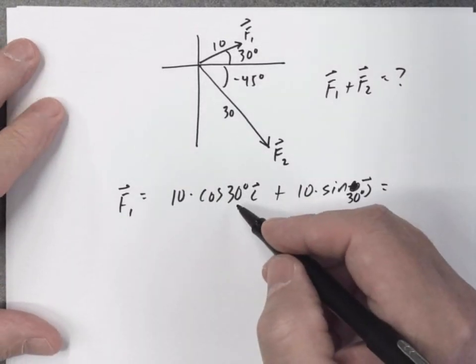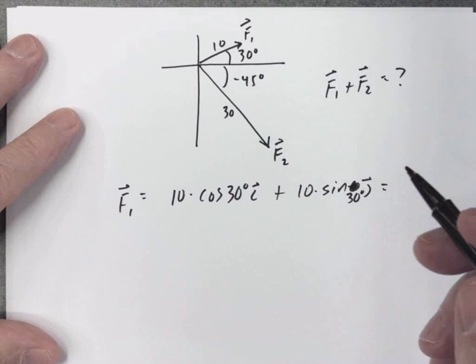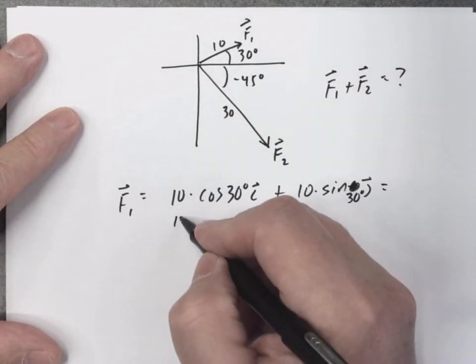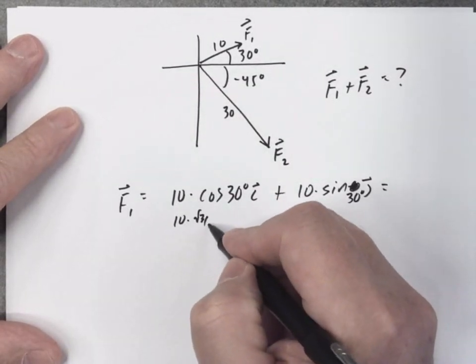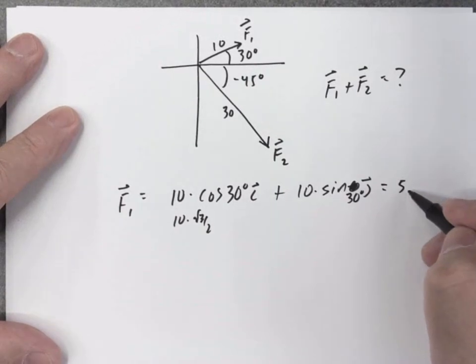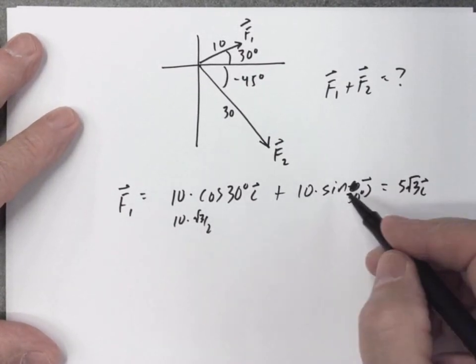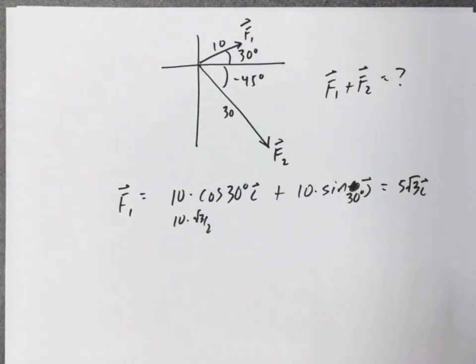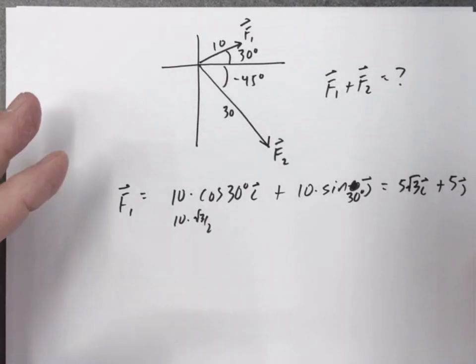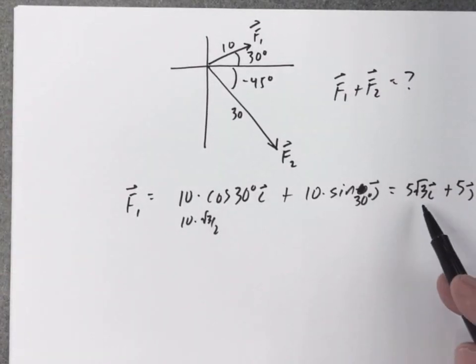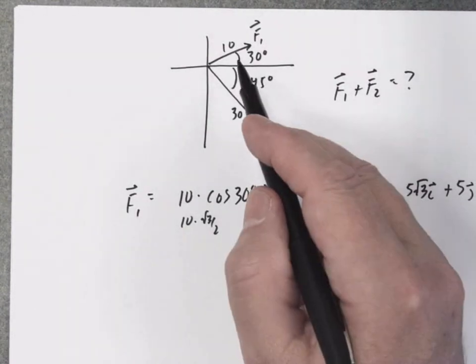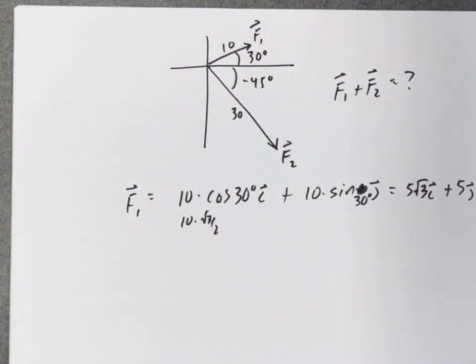Cosine of 30 is square root of 3 over 2, so 10 times square root of 3 over 2 should be 5 square root of 3 i. And 10 times sine of 30 degrees, which is 1/2, is 5 j. Now look, this vector has I positive and J positive. It makes sense because this vector is up here in quadrant 1.